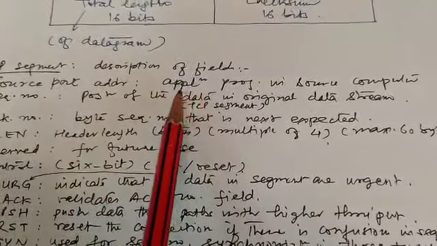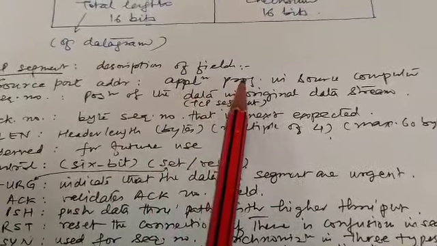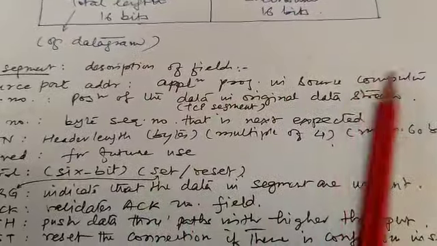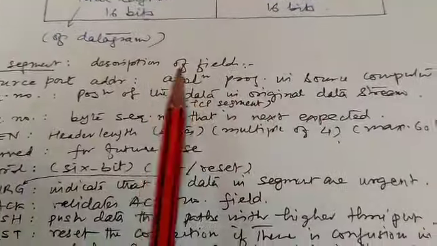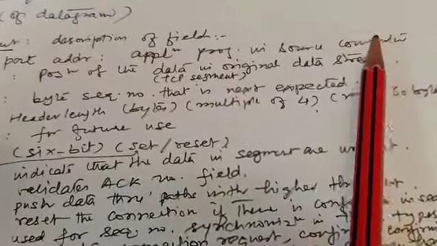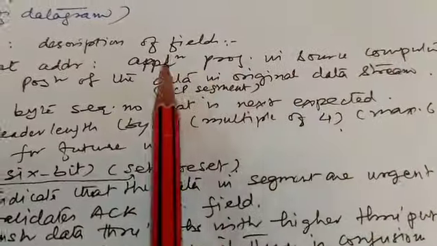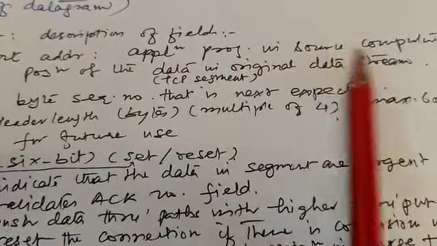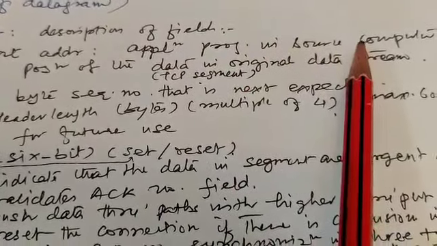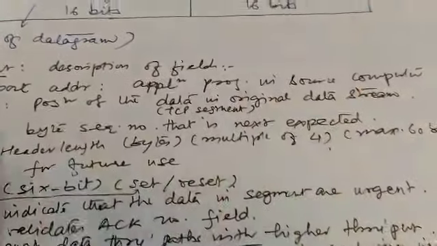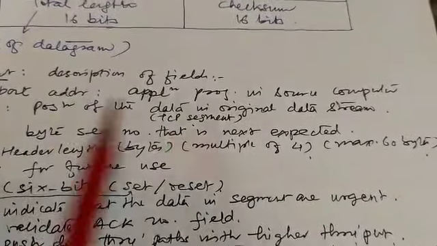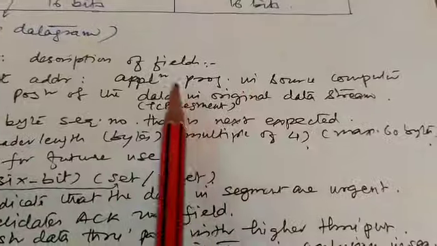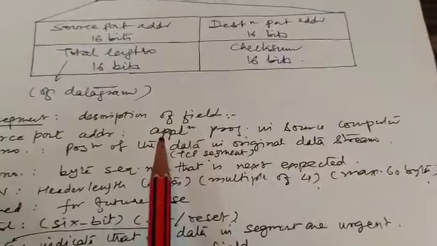This is the address of the application program in the source computer, or we can say basically the socket address of the source application, including the port number. This is basically the source port address, port number or port address of the source.